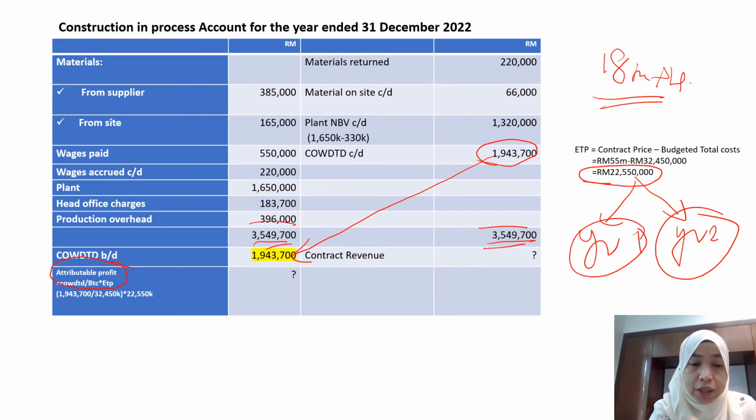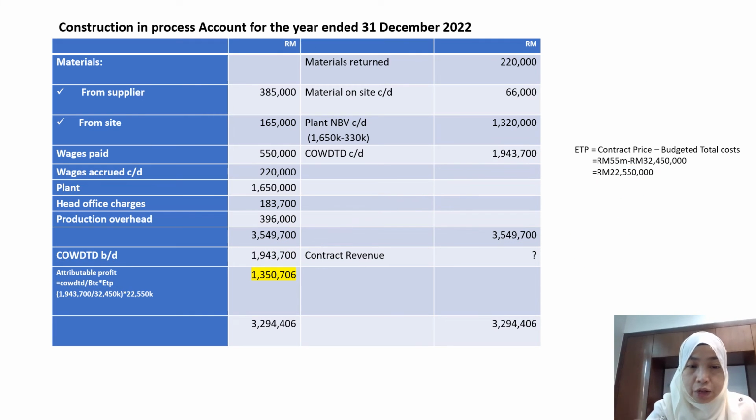Based on this formula, you take cost of work done to date, divide by budgeted total cost, and then multiply by estimated total profit. This is your cost of work done to date. You divide by budgeted total cost, information number 3, 32,450,000. You multiply by estimated total profit that we have calculated earlier. Then for this question, you will get 1,350,706.